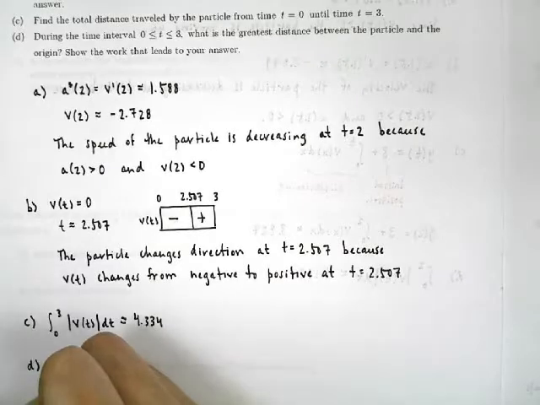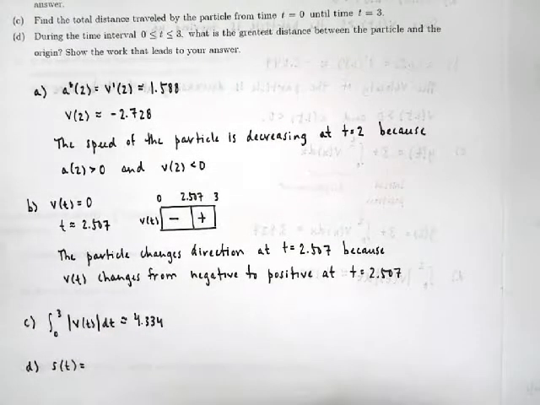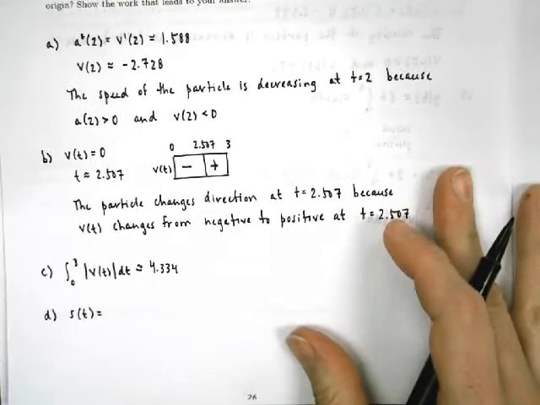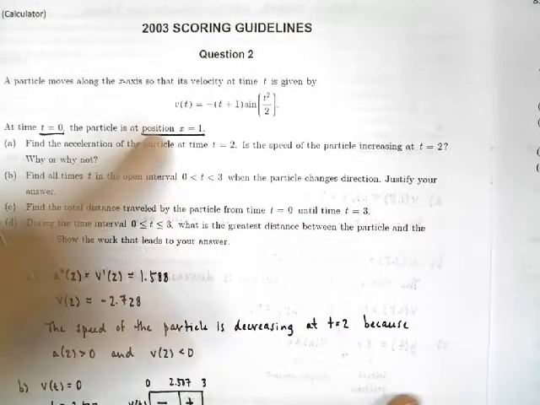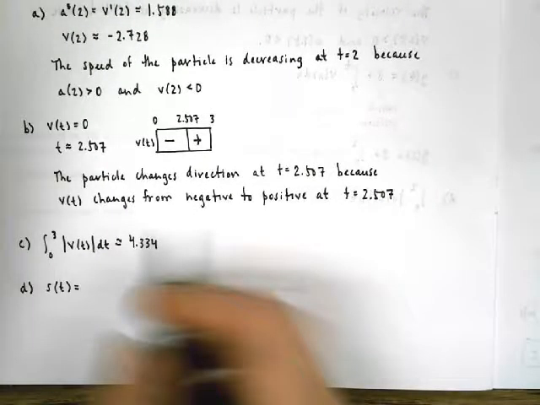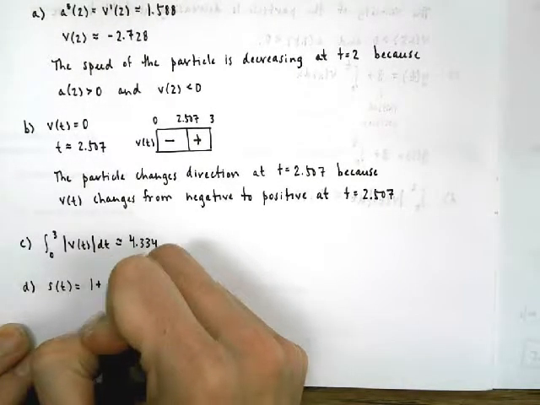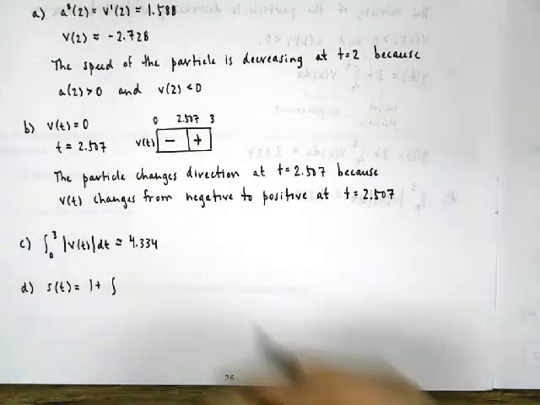So first, we need to consider a function for our position. So I'm going to call position S. So we know S of t, the final position, is going to be equal to the original position, which up in the problem here, they told us at time 0, the position is 1. So position at any time t is going to be my original position plus the displacement, which we know is the integral of velocity.